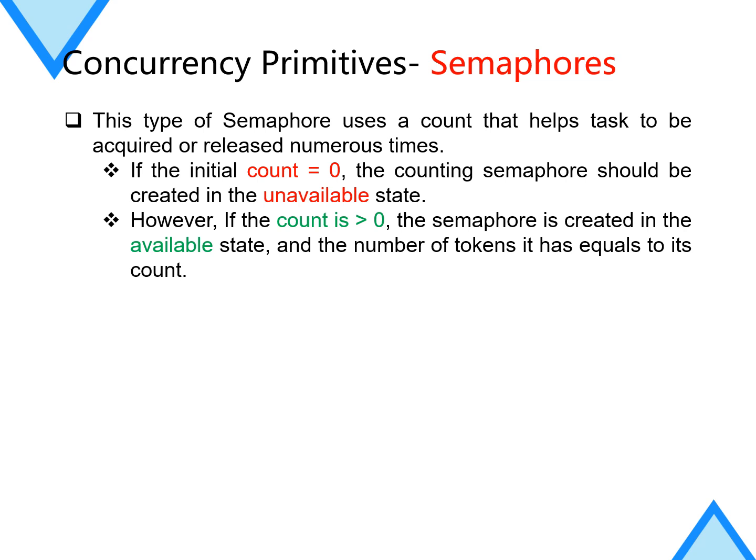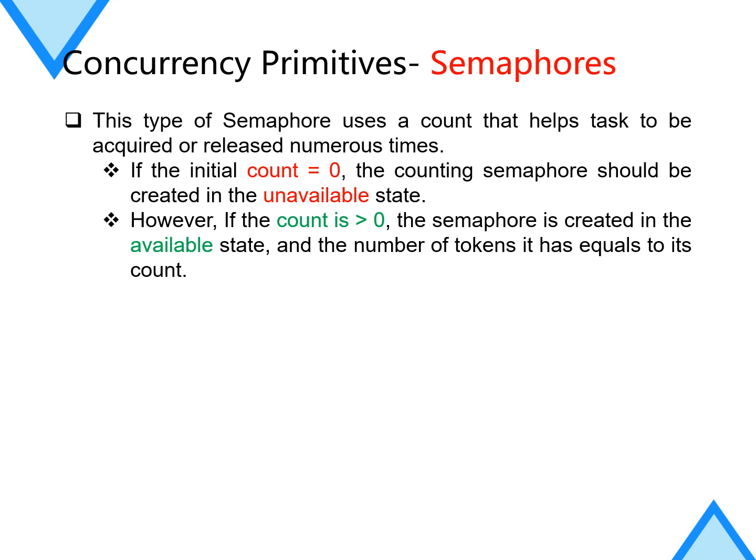If we have a Core i7 system, we can have the maximum limit 8, so it can reach up to 8. The semaphore is created in the available state, and the number of tokens it has is equal to its count, the maximum limit.